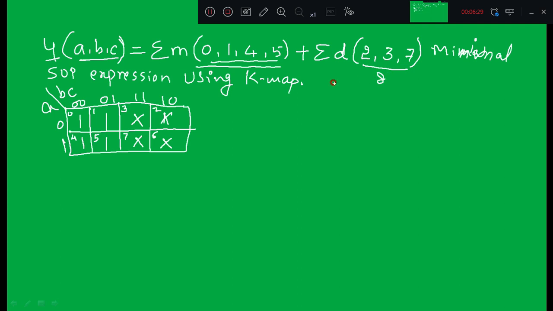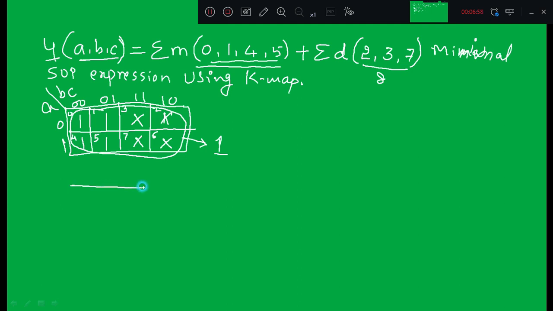In this case I can form the largest group of 1 by considering these don't cares as ones. I can group all these 4 ones along with these don't care terms to form the largest group. In this case the minimal SOP expression will be equal to 1.